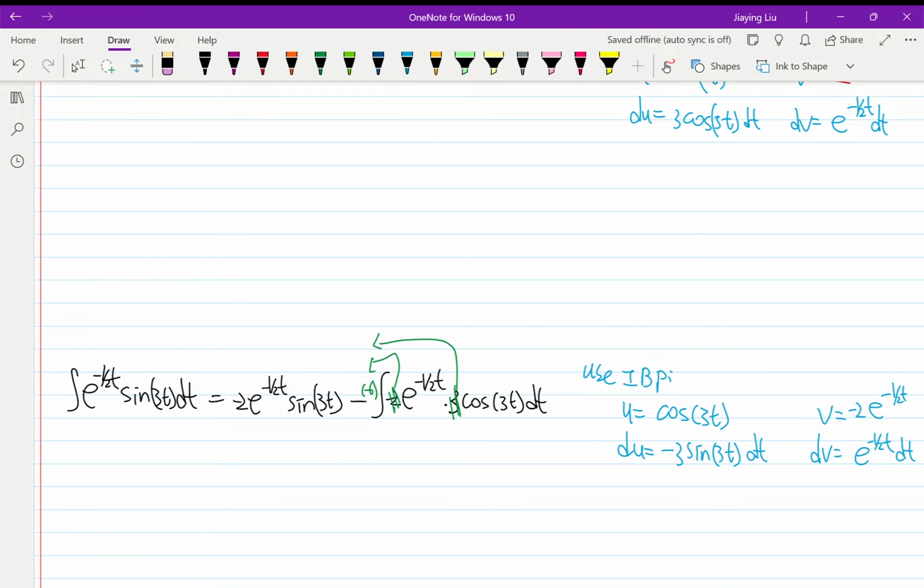If I use integration by parts correctly for this integral, I'm going to end up with, being a little bit lazy not writing down everything, just the second integral here: negative 2 e to the negative 1/2 t cosine 3t minus 6 times the integral of e to the negative 1/2 t sine 3t dt.